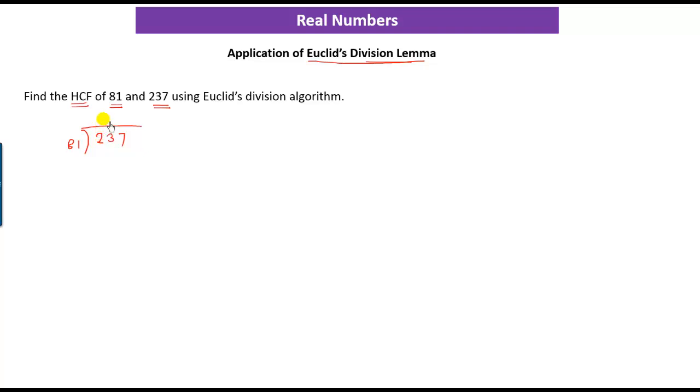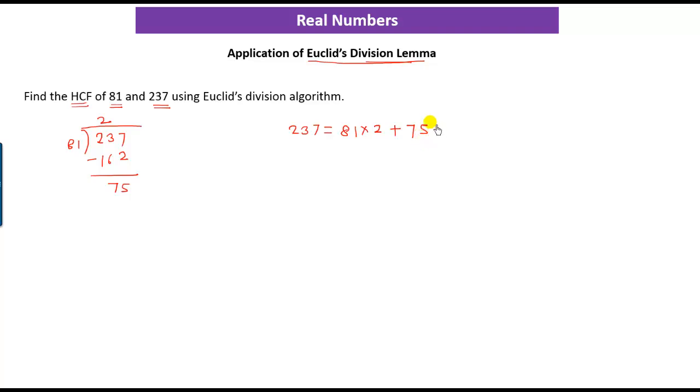So 81 2s are 162, and subtract this, and so the remainder will be 75. As we have seen in the previous episode, this can be written as 237 equal to 81 into 2 plus 75.